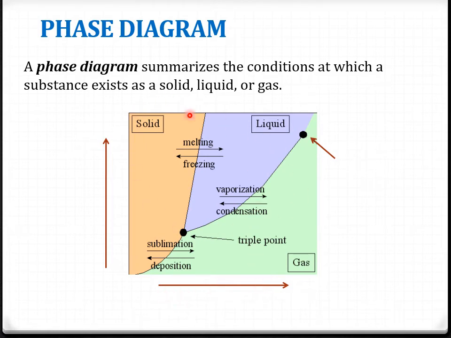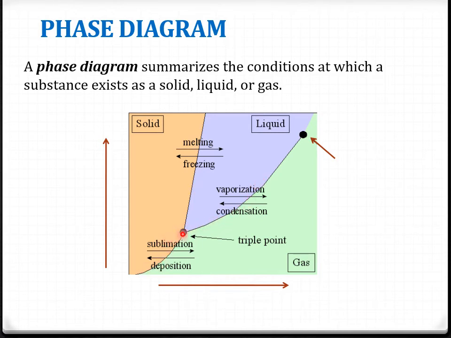From the phase diagram, you can see there are three phases involved here: solid, liquid, and gas. Through certain processes, we can transform solid to liquid or liquid to solid, liquid to gas or gas to liquid, and also solid to gas or gas to solid. So this is the phase boundary.